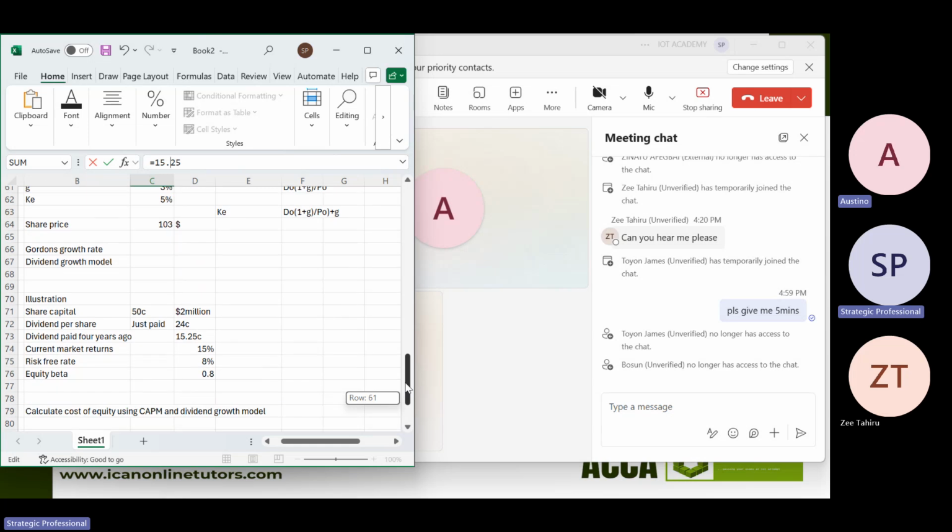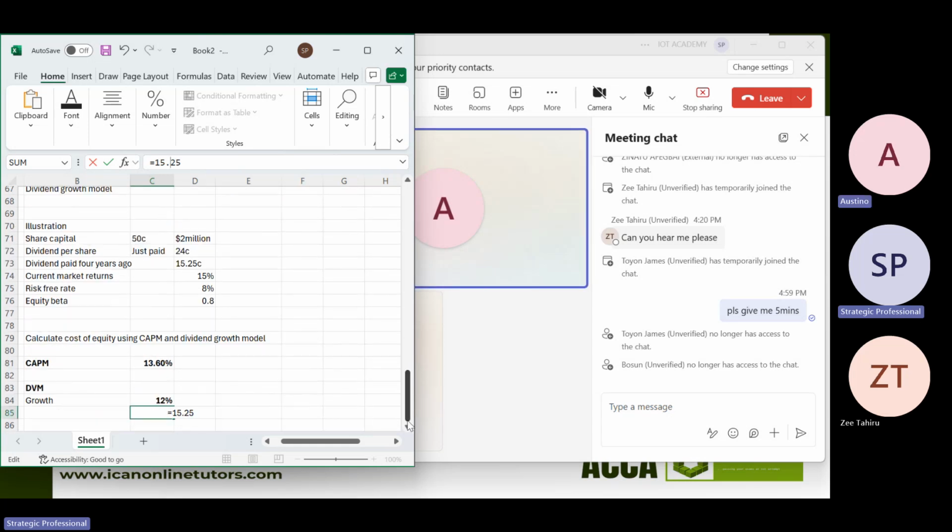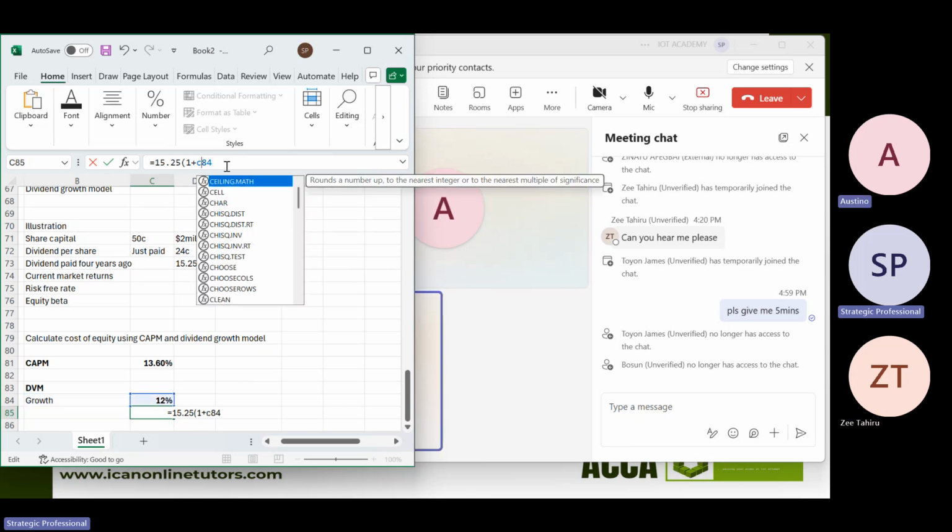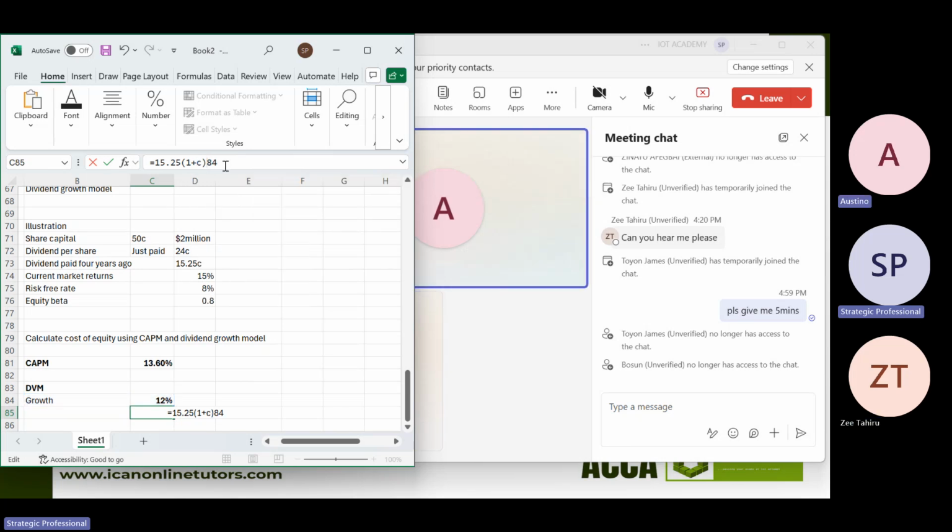We'll now have bracket 1 plus g. Our g is 12%. Divided by what?